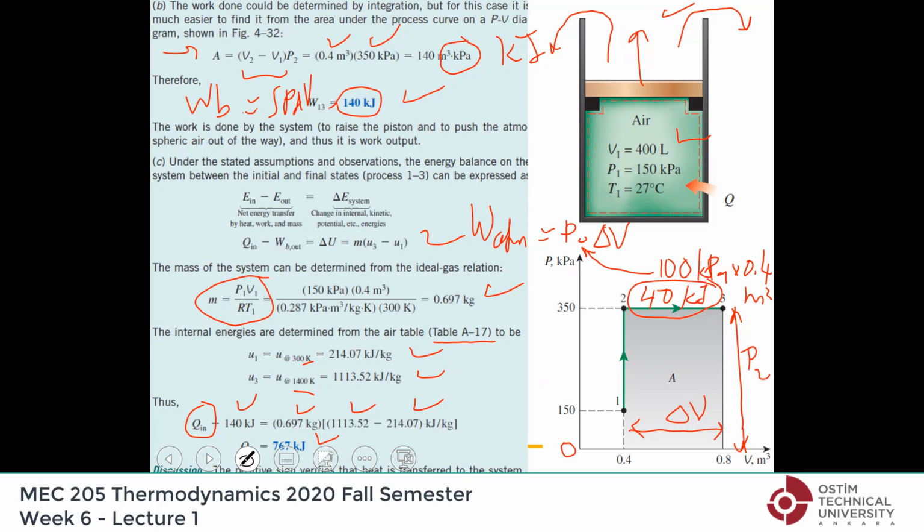Now, Mustafa, are you there? Yes, I'm here. Okay, where is that 100 kilojoules of energy now? Now, obviously, we did 140 kilojoules of work. 40 kilojoules is used to push the atmosphere out of the way, so it is transferred to the atmosphere. How about the 100 kilojoules? Where is it now? I was about to ask you that. Okay, so let's get help from maybe Ahmed. Ahmed, what do you think?